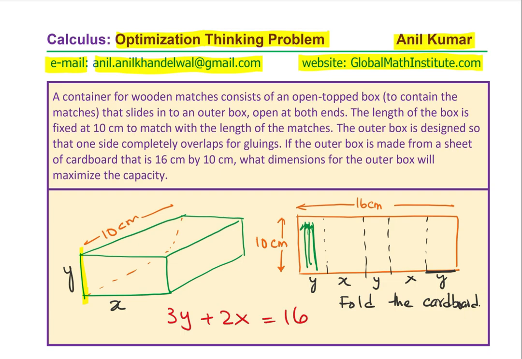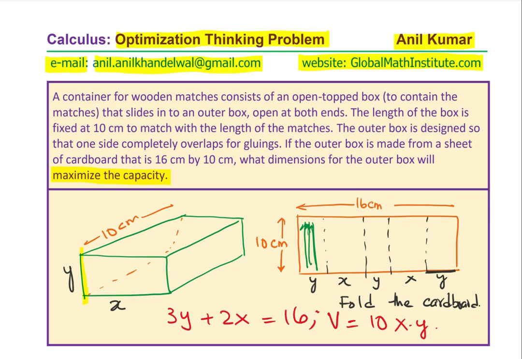That relates x and y, and we need to maximize the capacity. When you want to maximize the capacity, we're talking about volume. And volume for this box will be what? 10 is the length and the cross section is x into y. So 10xy, correct? That is the volume.